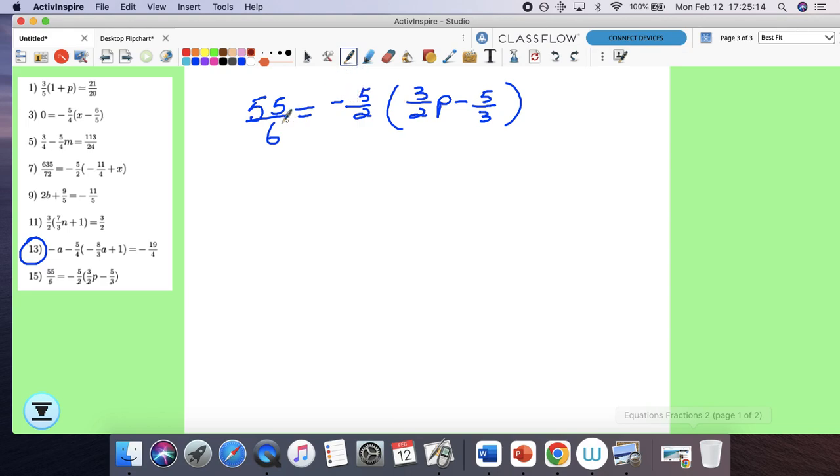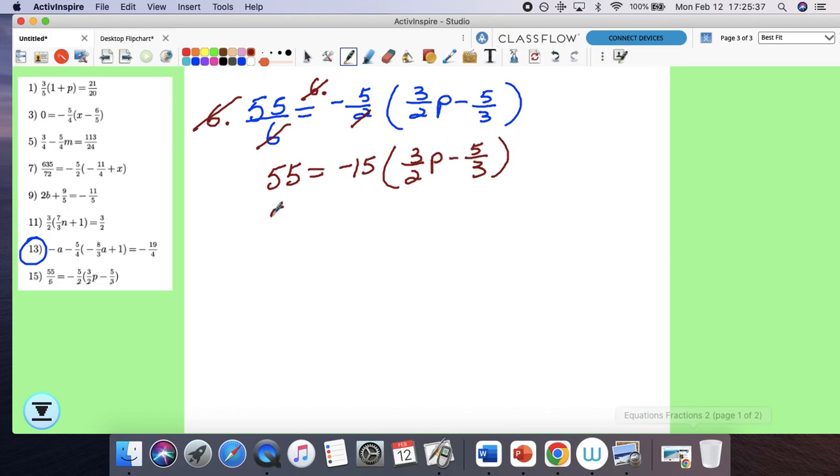Okay. So if I multiply this by 6, multiply this by 6, I'll put a 6 over here. This 6 and this 6 simplify to 1 and I get 55. This 6 and this 6 simplify to 3 and 3 times 5 gives me negative 15. And then 3 over 2p minus 5 over 3.